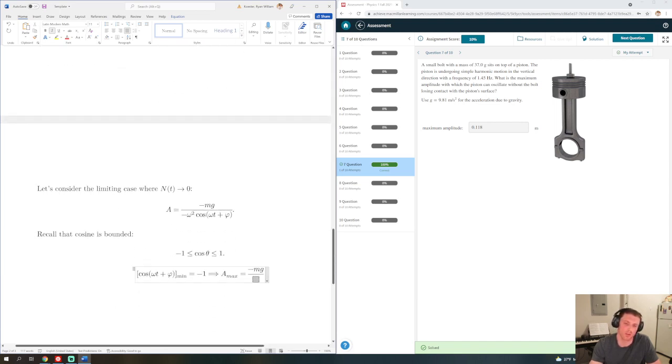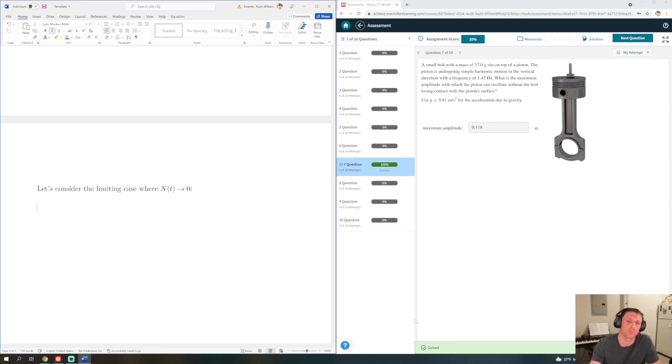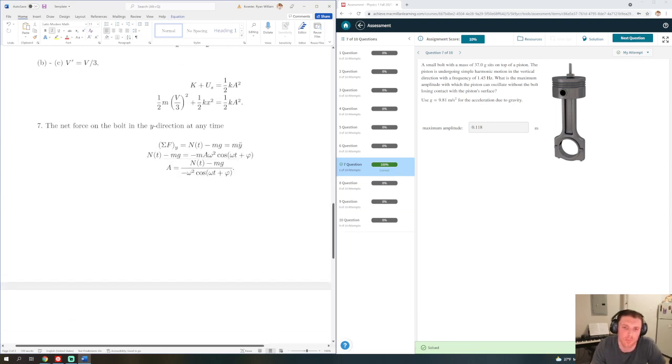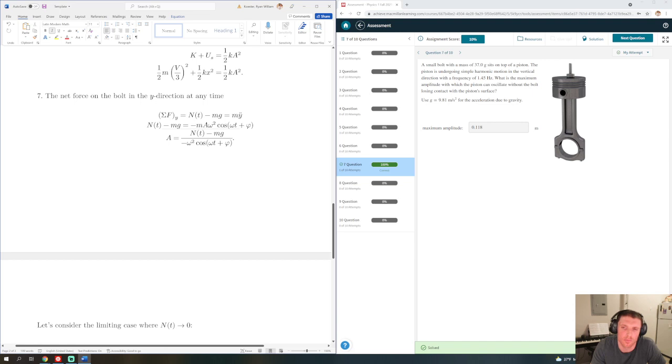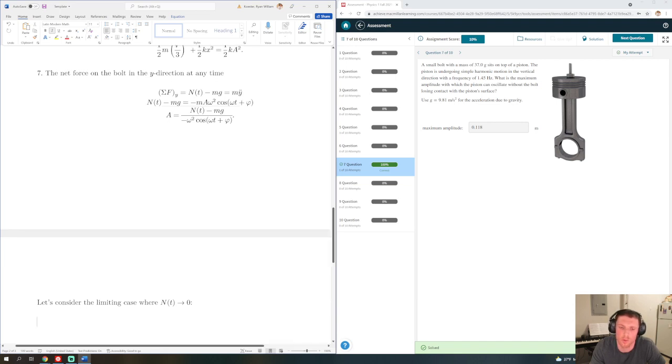Okay, I'm not sure I want to fight with this for too long. So let me try this another way. I know we want to think about the limiting case where the normal force goes to 0.